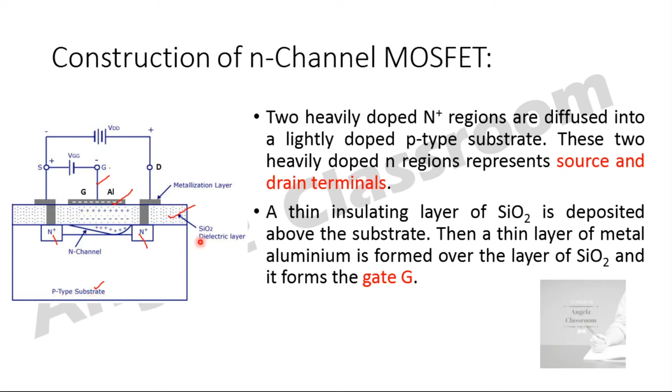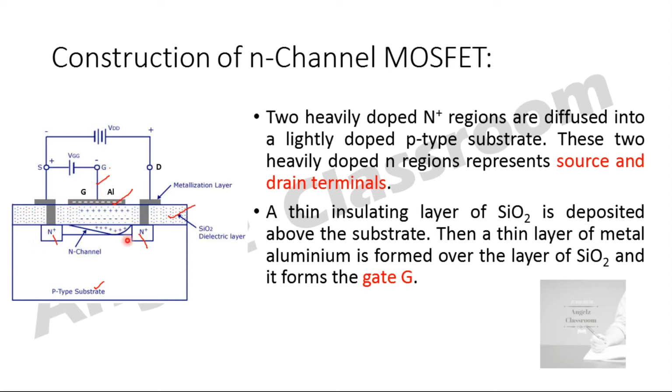Next, I am going to coat a silicon dioxide layer above the substrate. This entire region is your silicon dioxide. Above the silicon dioxide, I am going to coat one aluminum metal layer, and from this aluminum metal layer, I am going to take the gate terminal.